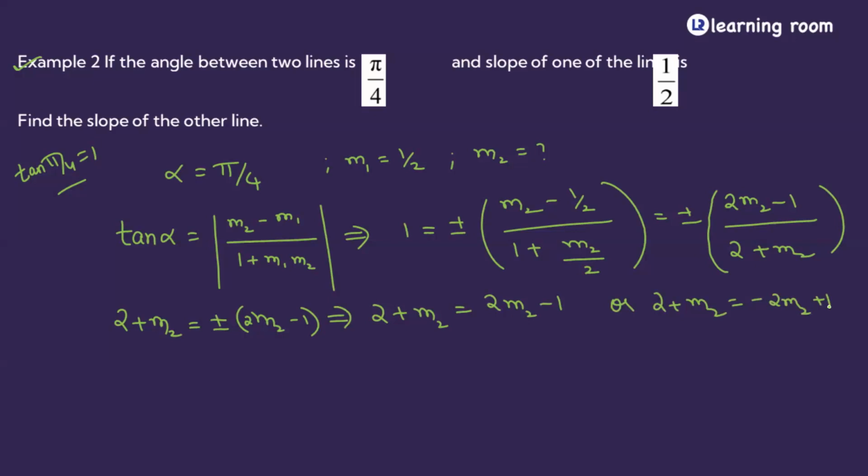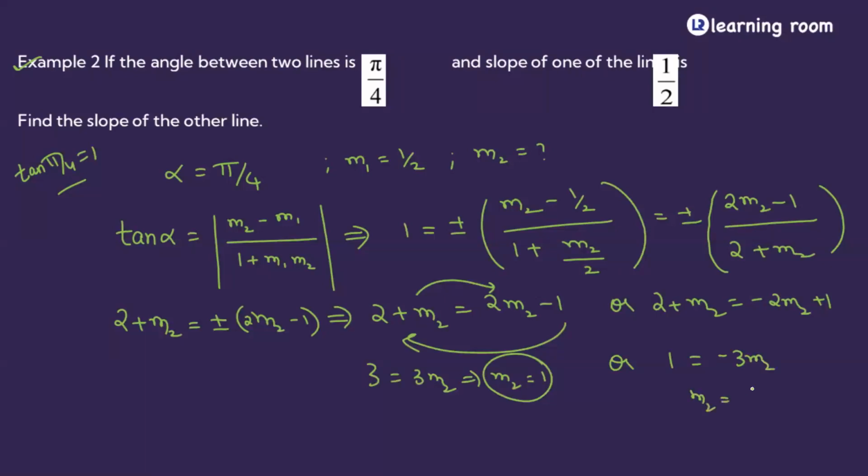Makes sense? So when you rearrange the equation, M2 will go to the other side, minus 1 will come this side. So 3 is equal to 3M2, which implies M2 is equal to 1. Or 2 minus 1, which is 1, is equal to minus 3M2. So M2 could have been minus 1 by 3 also.